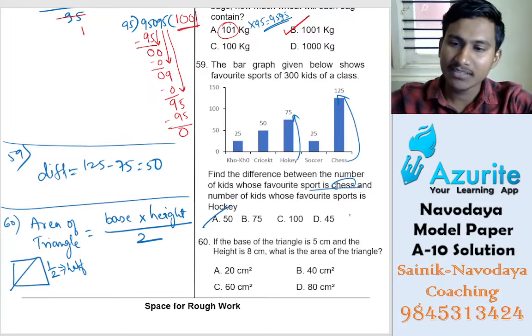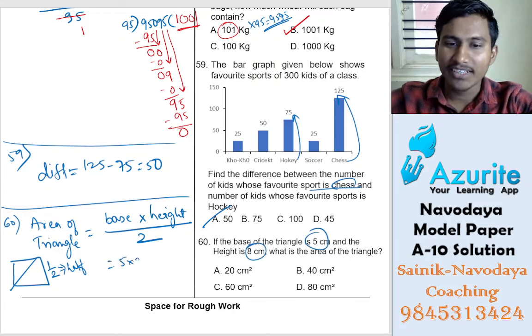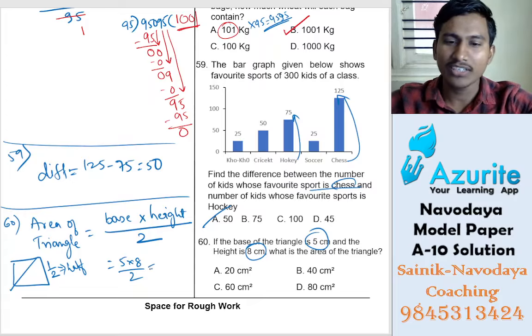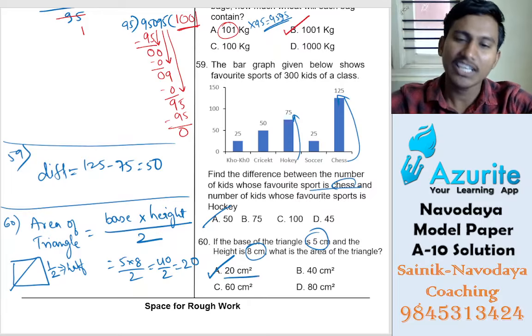Base and height are 5 and 8, so 5 into 8 divided by 2. 8 fives are 40. Half of 40 is 20. So 20 centimeter square. Option A here.